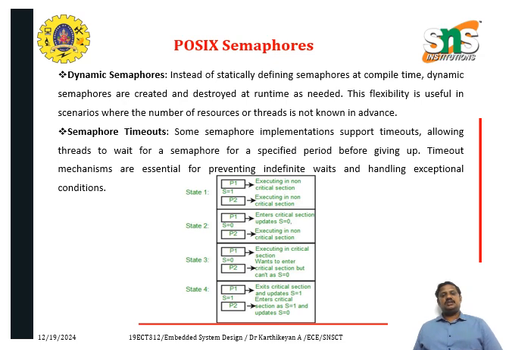Instead of being statically defined, dynamic semaphores are created and destroyed at run time as needed. This allows flexible usage in scenarios where the number of resources varies. Semaphores also support timeouts, allowing threads to wait for the semaphore for a specified period before giving up. Timeout mechanisms are essential for preventing indefinite blocking.